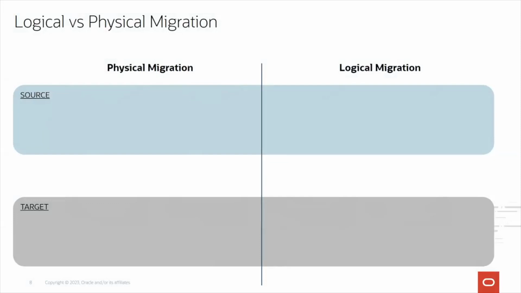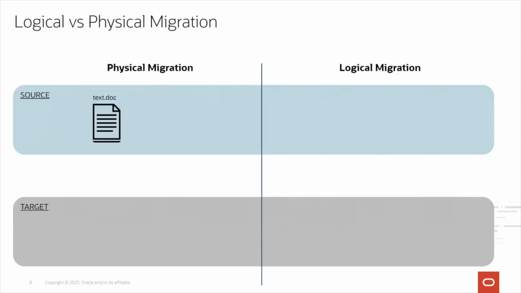But before that, we should understand migration through two main terms, physical migration and logical migration. For any database migration, once you understand this terminology, it is much easier to decide which solution or method you should adopt. So let me explain this one.